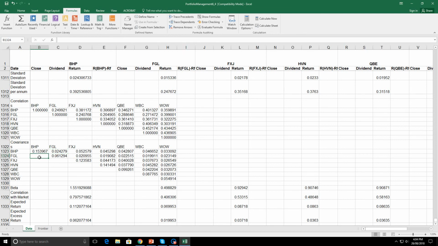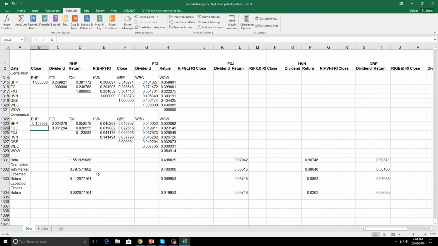Now, if I come here, this cell also represents the covariance between BHP and Foster's Group. So it should be simply this value. Okay. So in this way, I can populate this half part and it will simply look like the mirror image of the top part. That's why we do not absolutely need them at this stage.